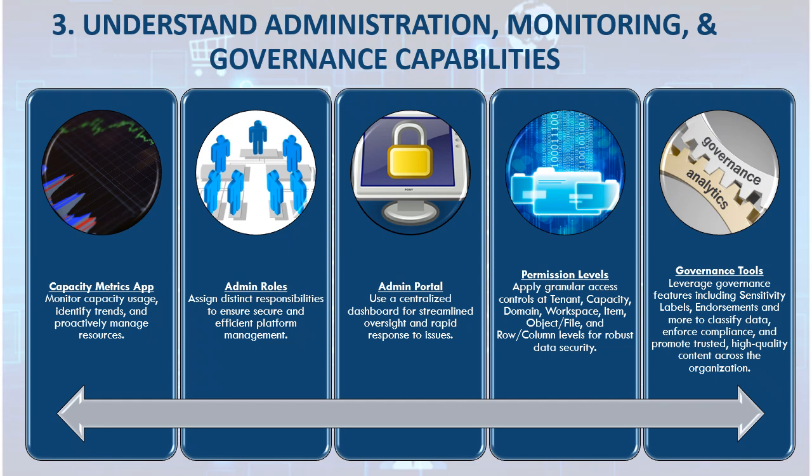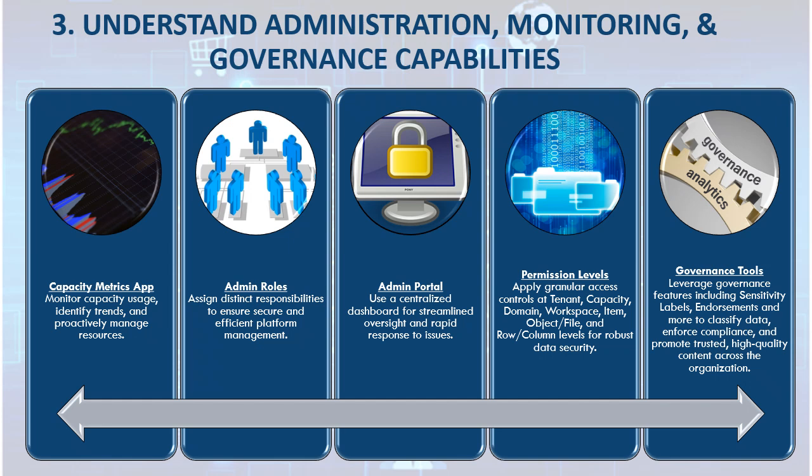Robust permission levels offer granular control across multiple layers, from tenant and capacity to domain, workspace, individual items like files, and even row and column levels, ensuring precise data security.